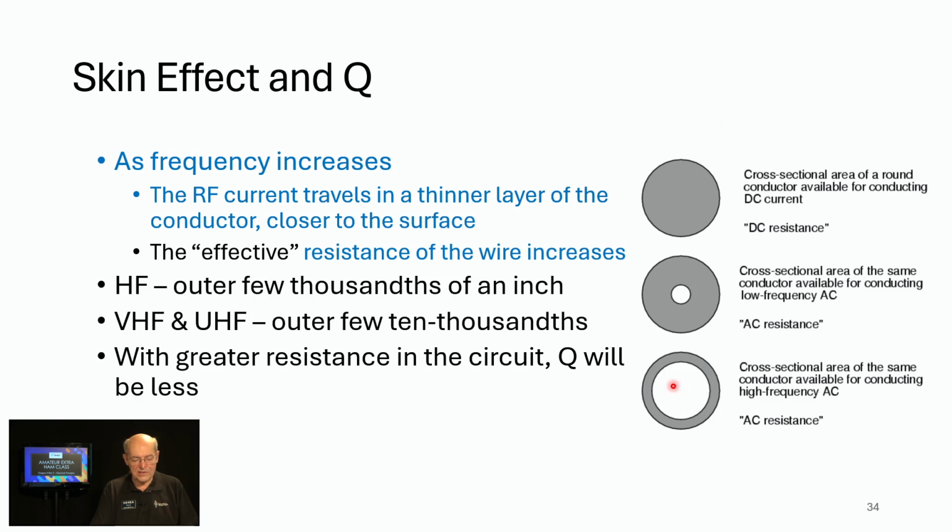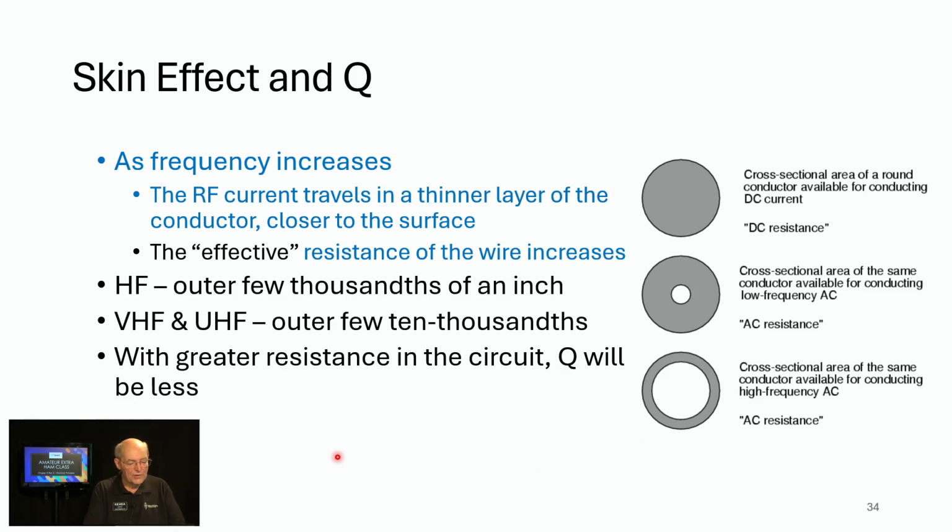Therefore, at a higher frequency, there's going to be more resistance because there's less cross-sectional wire for the current to pass through. So as frequency increases, the RF current travels in a thinner layer of the conductor closer to the surface. Therefore, the effective resistance of the wire increases because there's less of it.